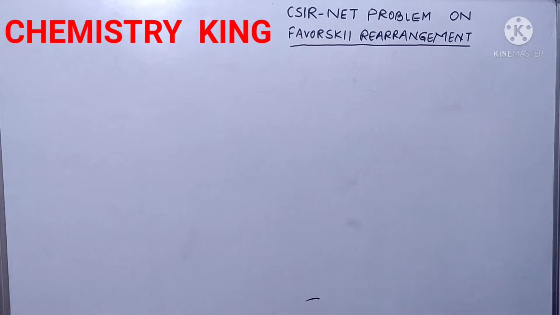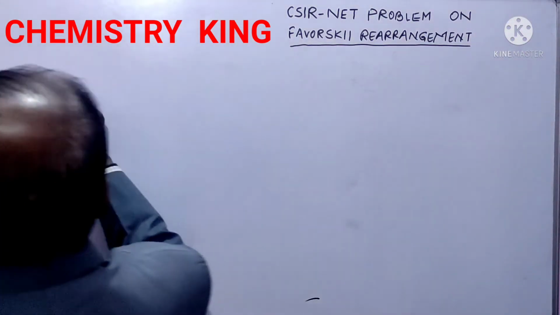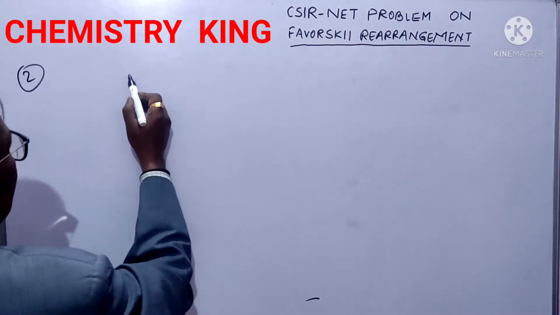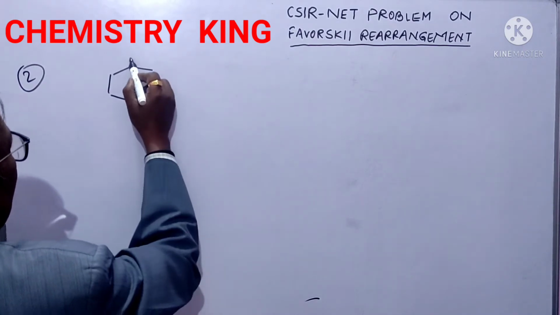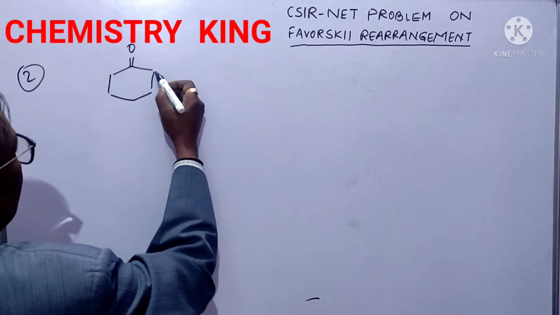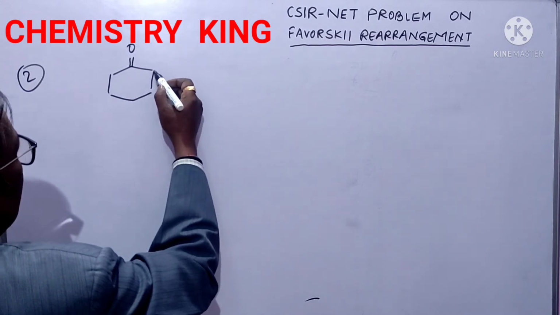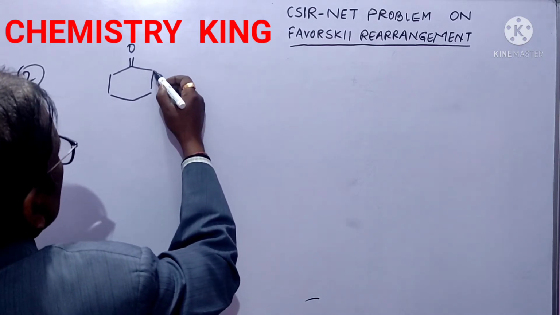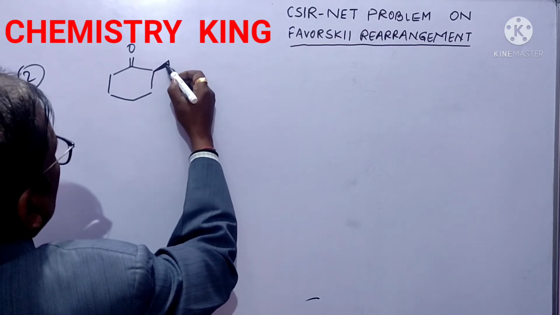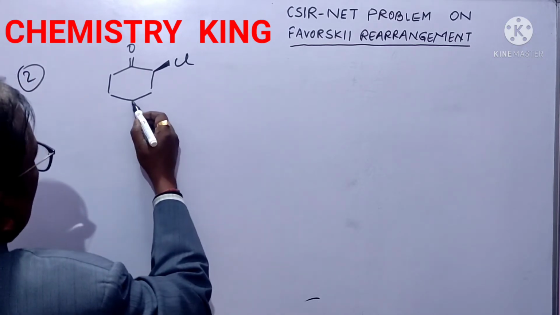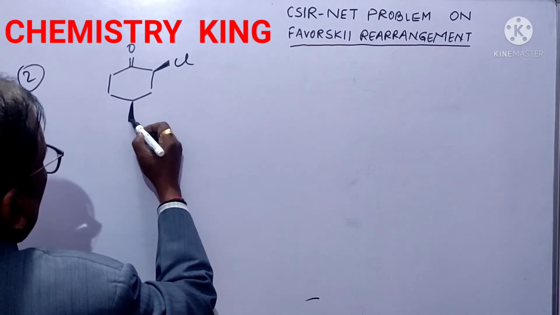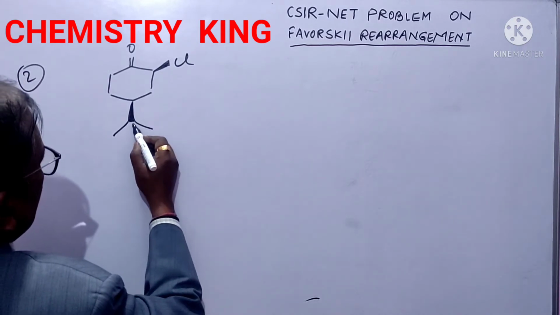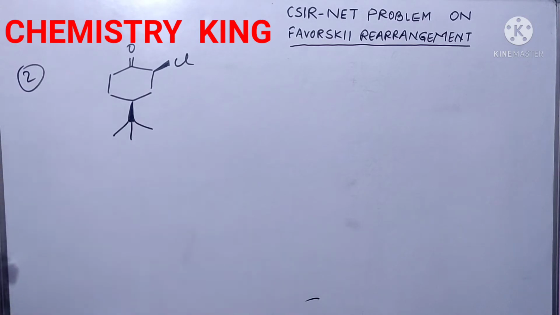The second problem is this. It is cyclohexanone and it has a chloro group. It has a tertiary butyl group.